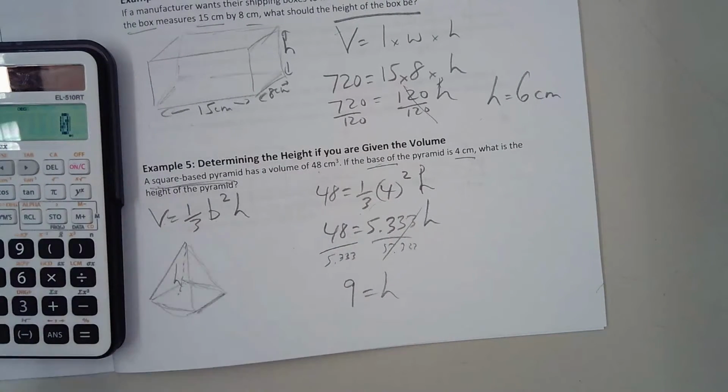Another way to think about it for all these questions, if the question starts with the volume, you can just divide by all the other junk. Whatever you're left with has to be the missing thing, which is usually the height. Another way to think of it is that, remember at the beginning I said that really a volume is just an area stretched out, right?